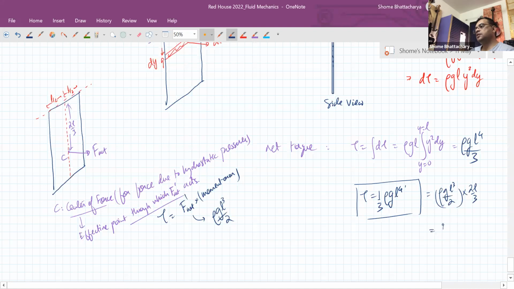You can think of this like the net force into the y coordinate of the center of force. This is the y position of the center of force with respect to this.